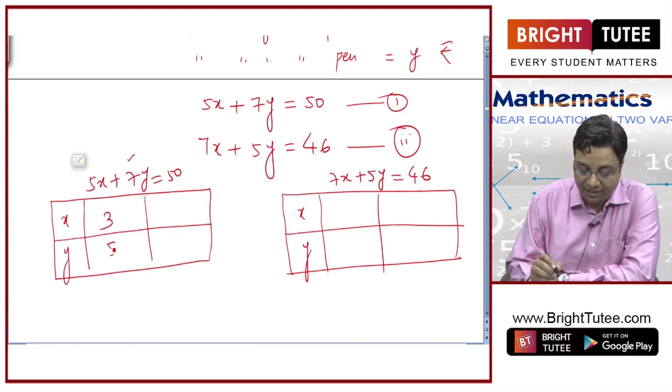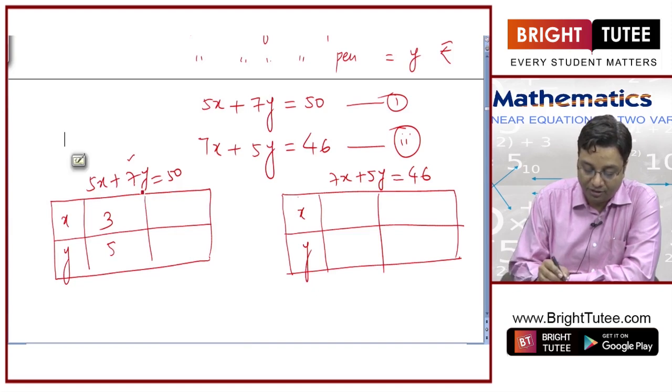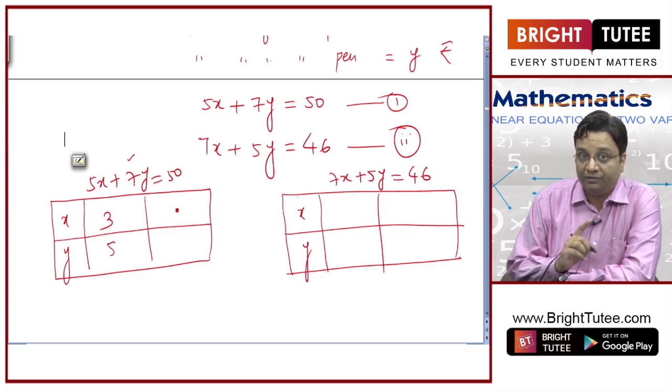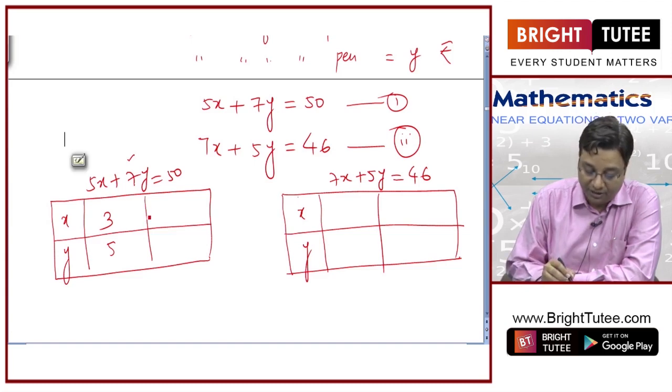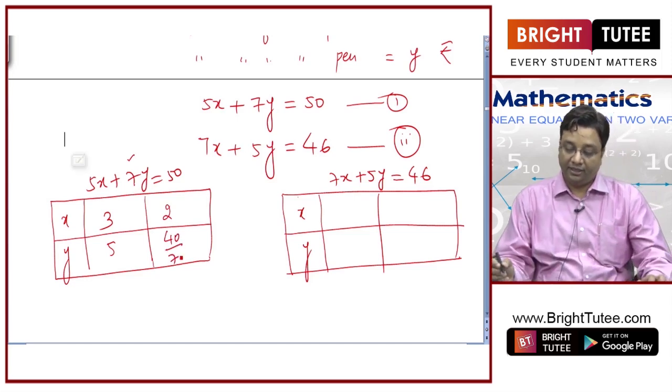No, I cannot find any other integral solution for this, for positive x. If I put anything negative, then I have to spend a lot more time. So, let us put any other value. Let us put x equal to 2. What will be the value of y? It will be 40 by 7 in that case, right.